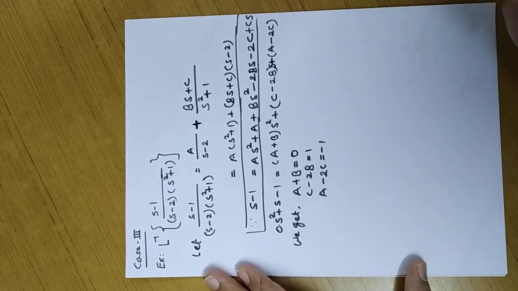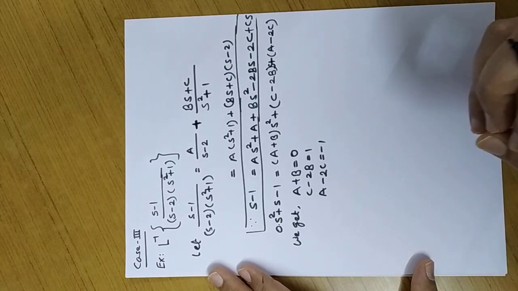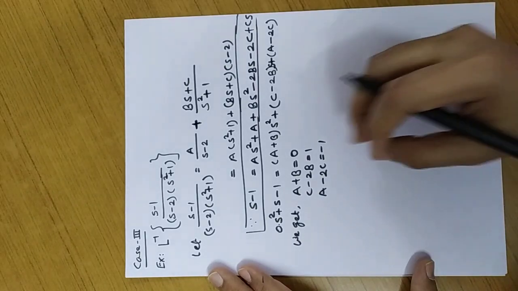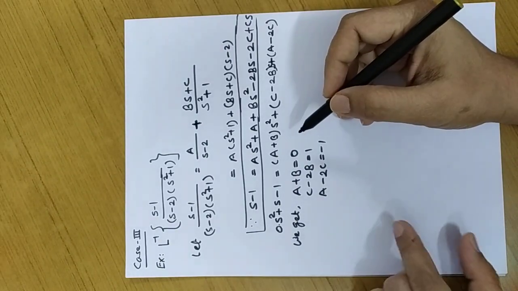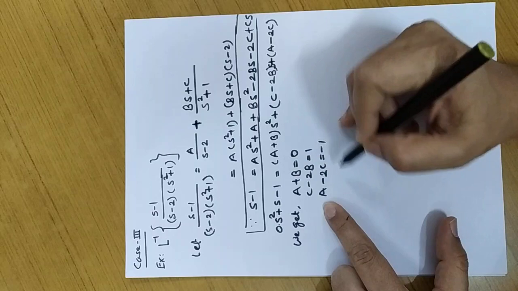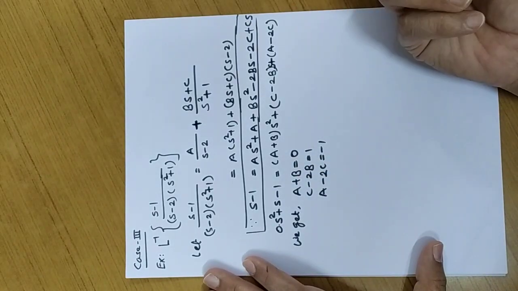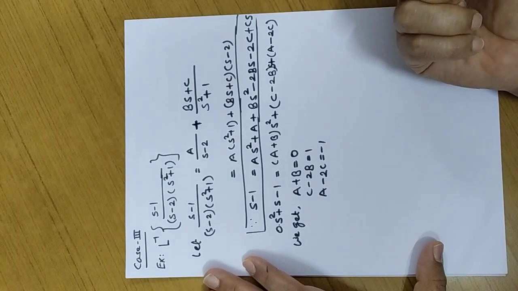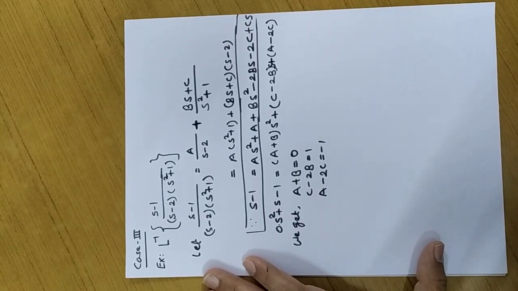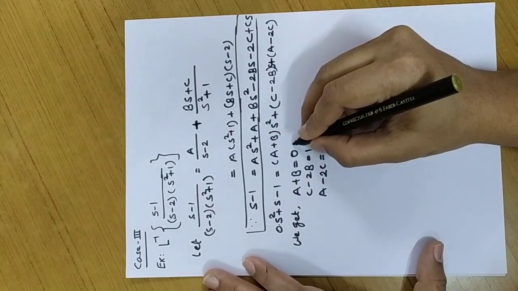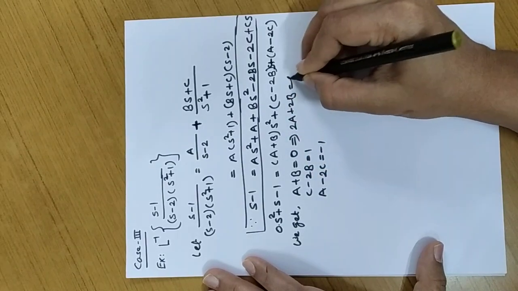Now we have three equations. Try to solve these three equations and find the values of A, B and C by eliminating variables. We have three equations and three variables, so first we will try to remove any one variable. Which variable is easier compared to the others? Here I will try to remove B. Multiply equation 1 by 2: 2A plus 2B is equal to 0.